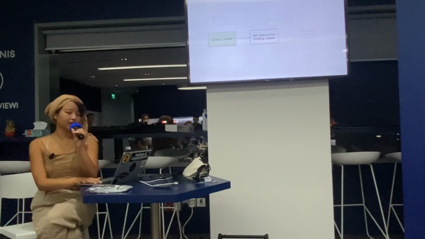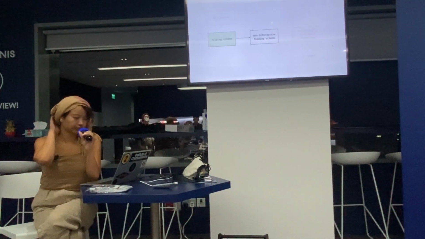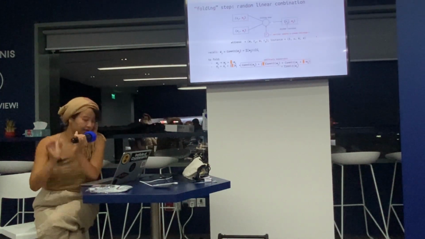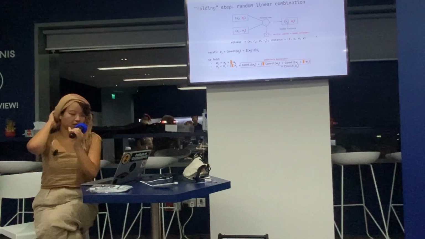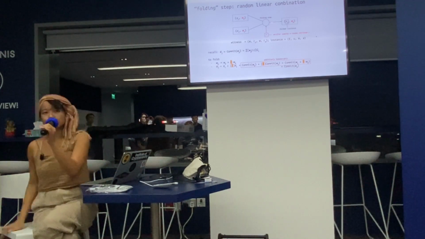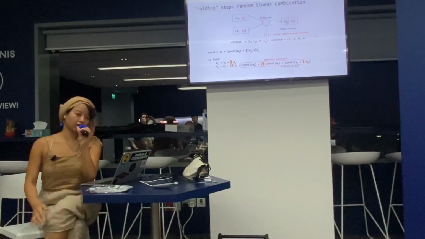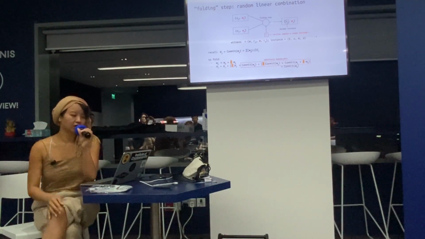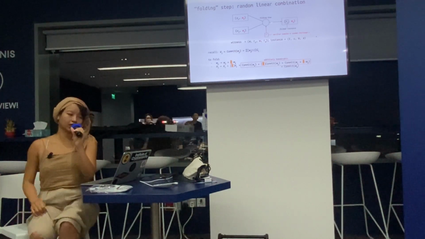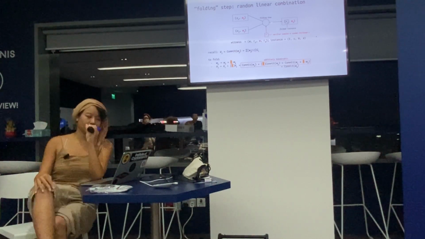So there are some technicalities here, in the sense that at each folding step, we need to introduce some randomness that is not controlled by the prover. And this randomness is what's used to linearly combine the two instances into the folded instance.